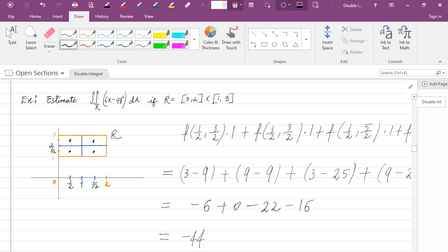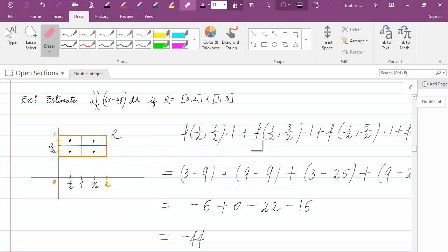Okay, so let's look at this first subrectangle here. The midpoint that I picked here is the point where x is 1/2 and y is 3/2. So I evaluate f at 1/2 comma 3/2, and I multiply by the area of this subrectangle. Now the area of this subrectangle is 1 because it has length and width equal to 1. And now if I look at this subrectangle here, the midpoint here is 3/2 comma 3/2.